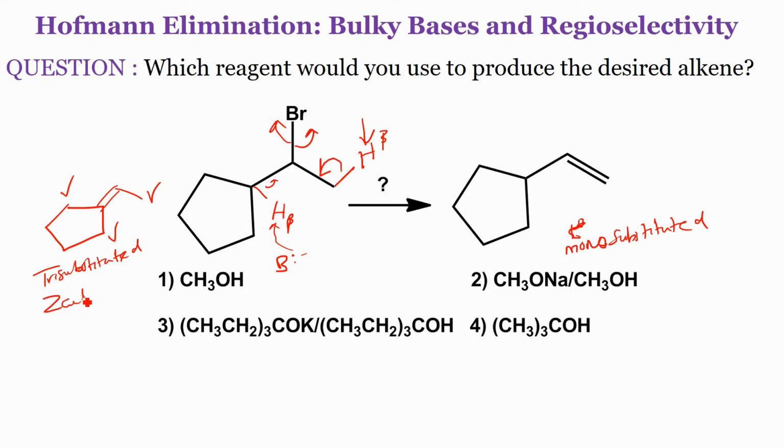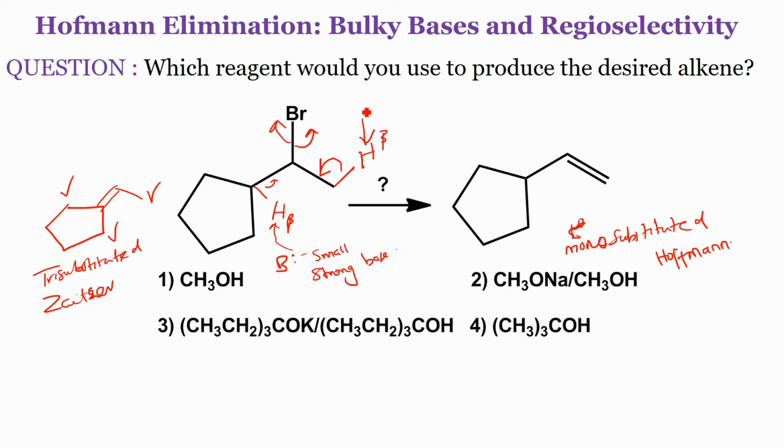One would have thought this is the Zaitsev product. This one will be the Hofmann product because it's less substituted. Which means you have to choose a base that's not going to go in there. A base that goes in there must be small because it might fit into the pocket within the structure. A small, strong base can do that.